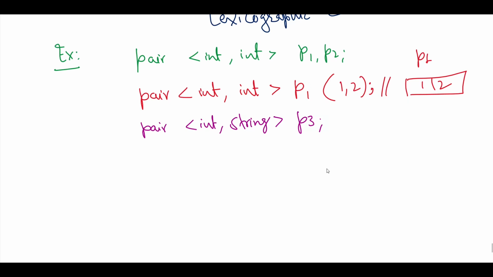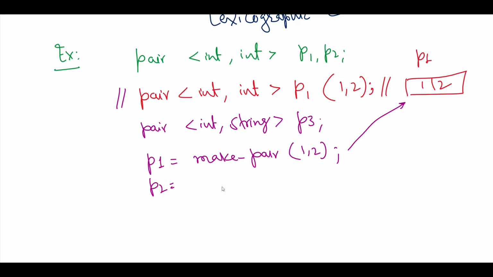Now you can use the make_pair function, and when you use make_pair you don't need to write the type. So I can write it like this, p1 equal to make_pair, and then you can pass some values here, maybe 1, 2. So it is again going to create something like this. If you don't write this line here, it will again create something similar to this.